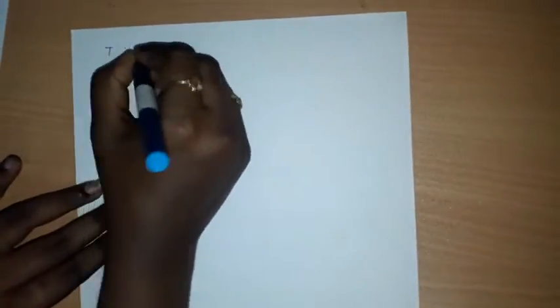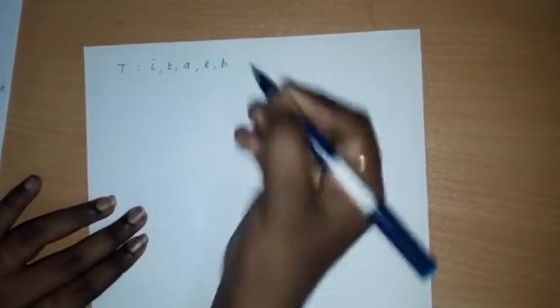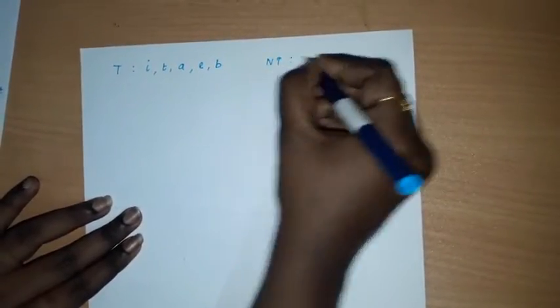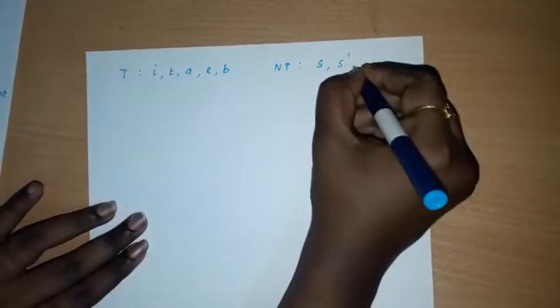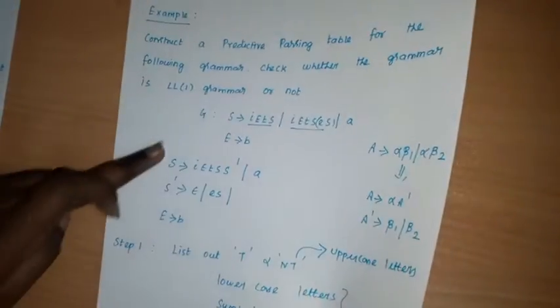So the terminals are small i, t, a, e and b, and the non-terminals are S, S dash and E. So the first point is to write out the terminals and non-terminals in the grammar.